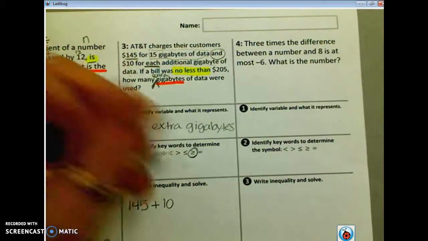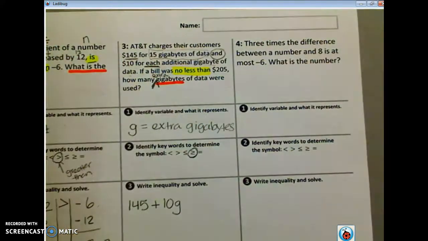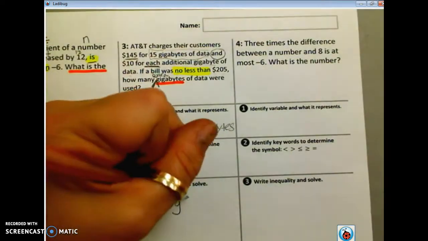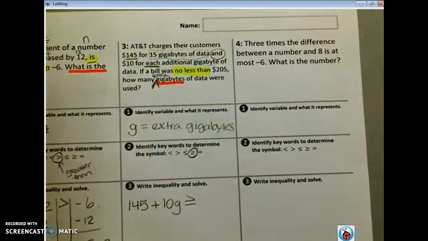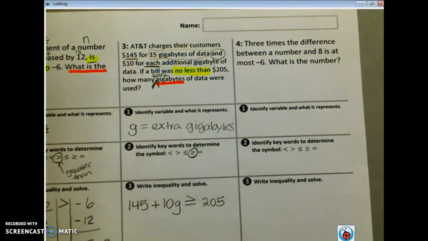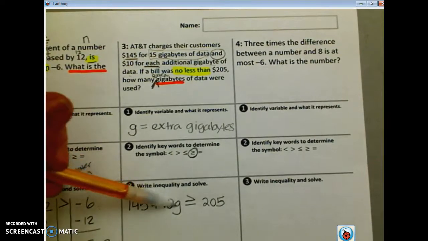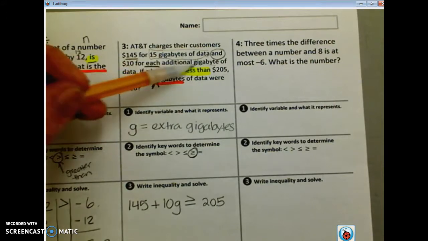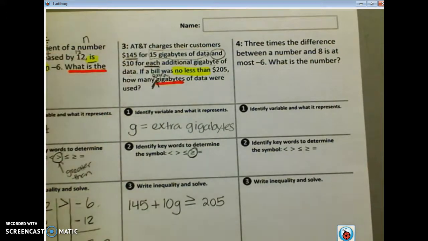So that's where that G comes in. Each additional gigabyte. All right. So if a bill was no less than, which means greater than or equal to, 205. All right. So that's, again, the G in this case, we're saying $10 for each additional gigabyte. We don't know what that is. So that's where that inequality was coming from.